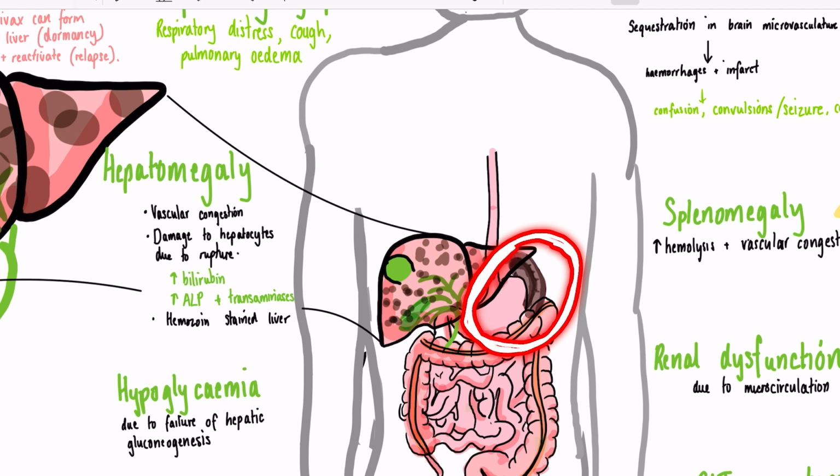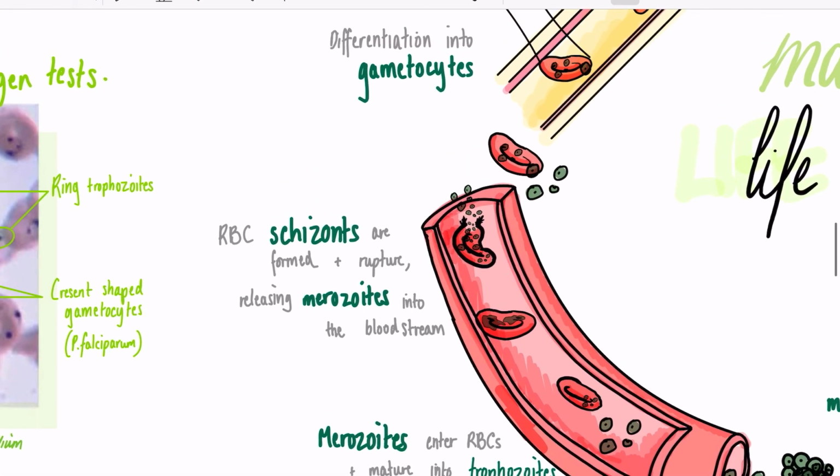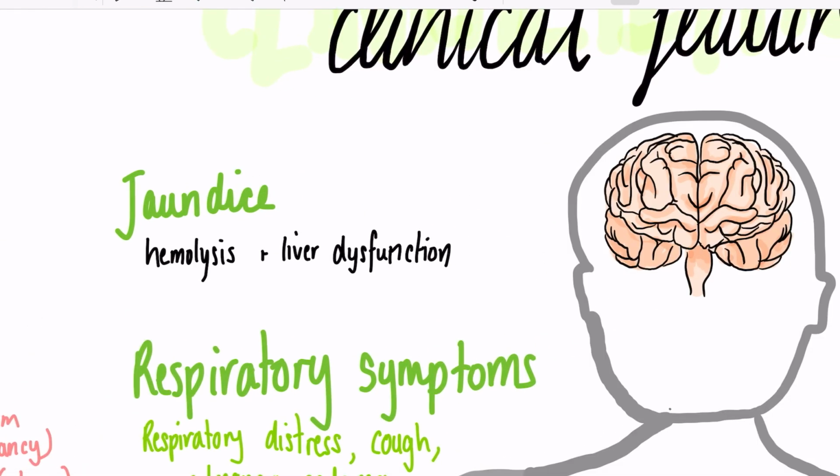And so they're going to undergo hemolysis, the breakdown of red blood cells. And this, in addition to the fact that hemolysis is actually part of the life cycle, leads to an excess of bilirubin in the blood. So this leads to jaundice.